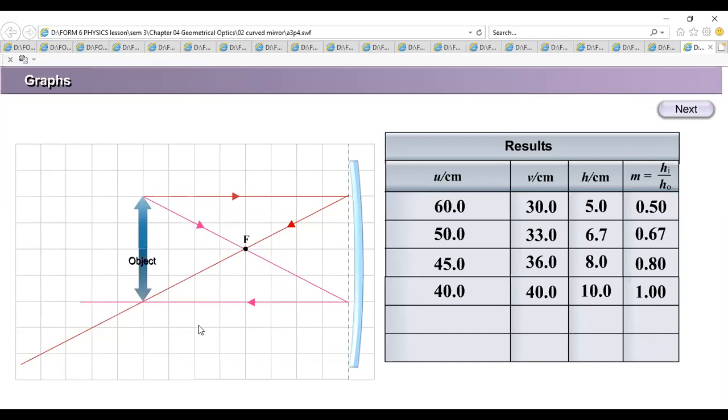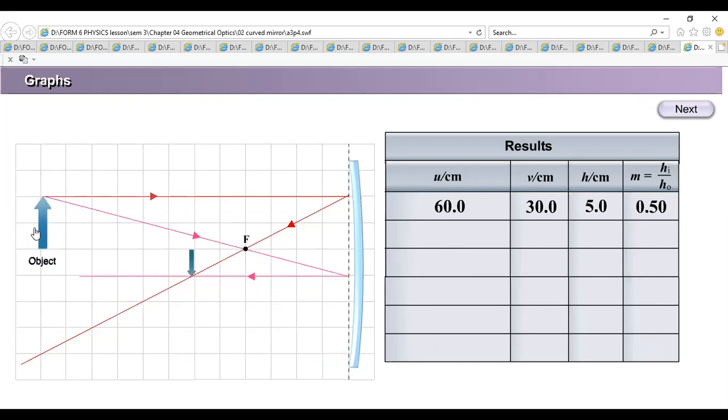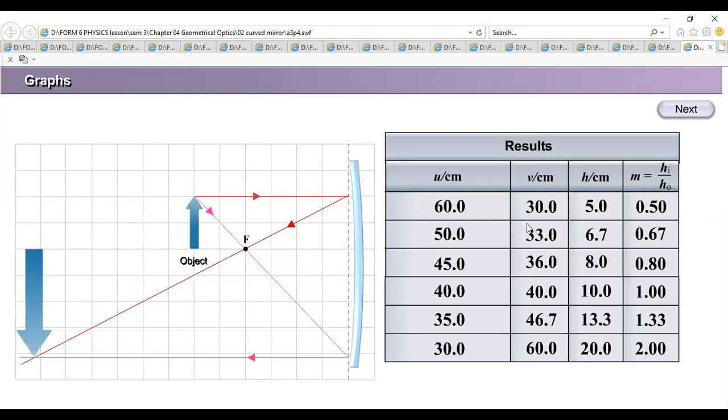1 means the same size, same height; the image is the same size as the object. Once the object moves further, we notice that the image is smaller, which means the linear magnification will be less than 1. Now, we look at here. If the linear magnification is 1, the object is the same size as the image.